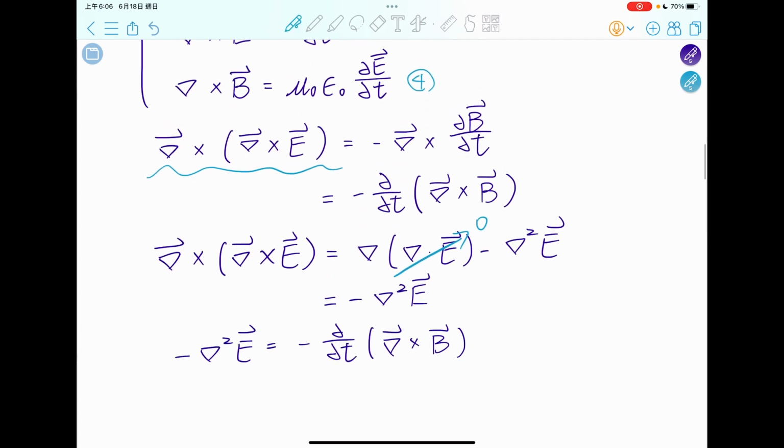And then we can rewrite it using the fourth equation. It will equal partial mu naught epsilon naught partial E partial t.